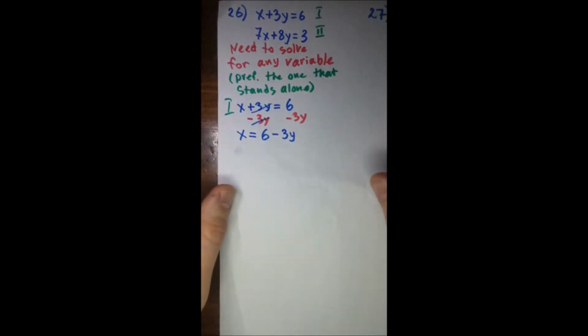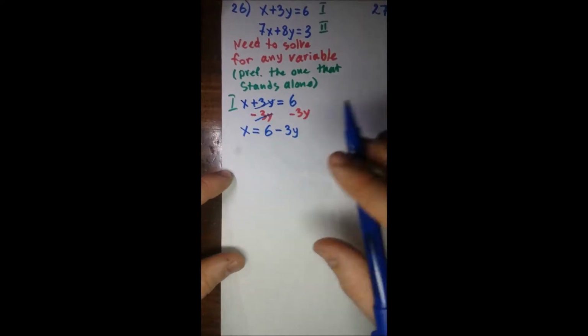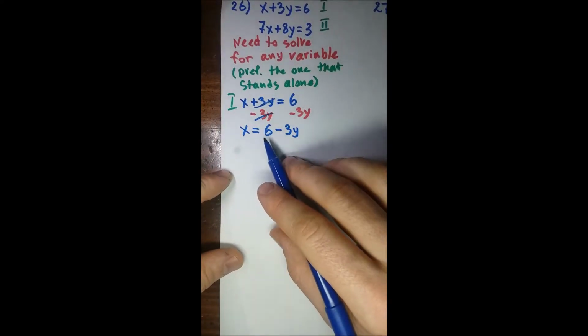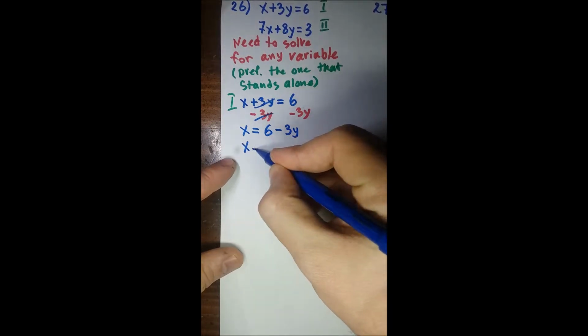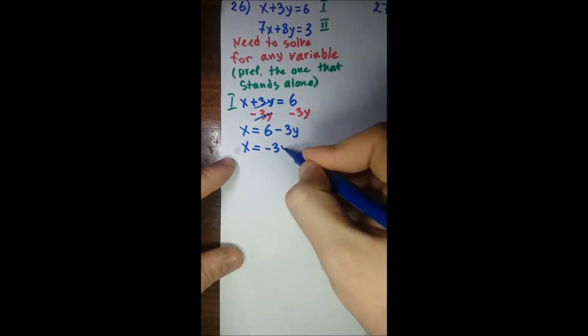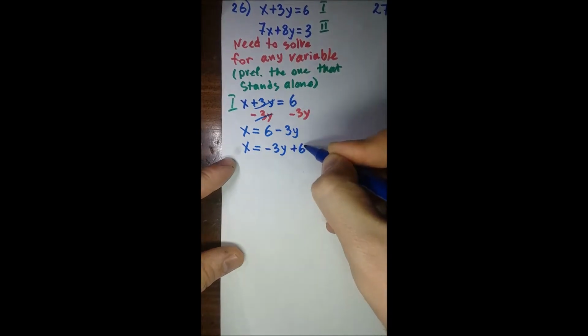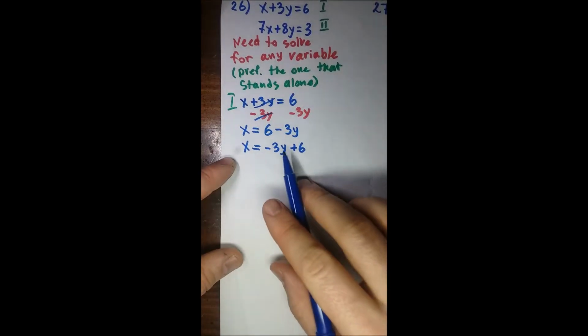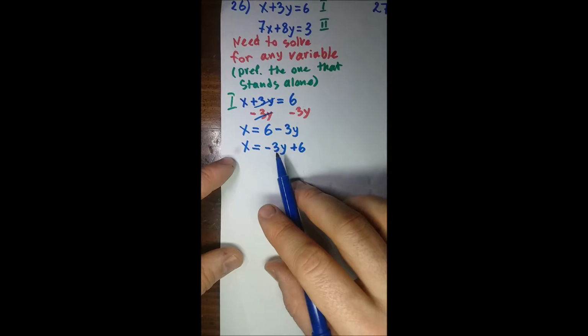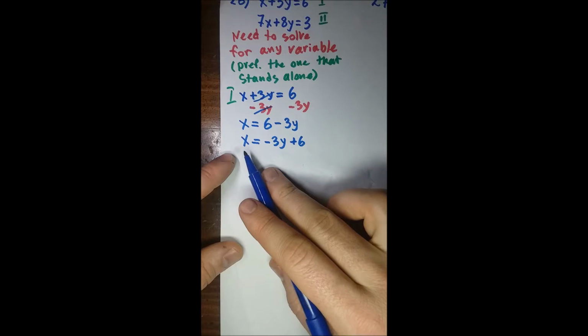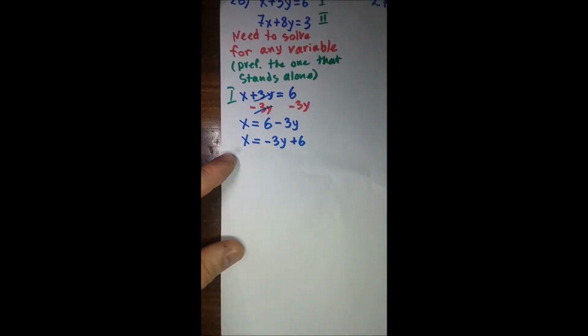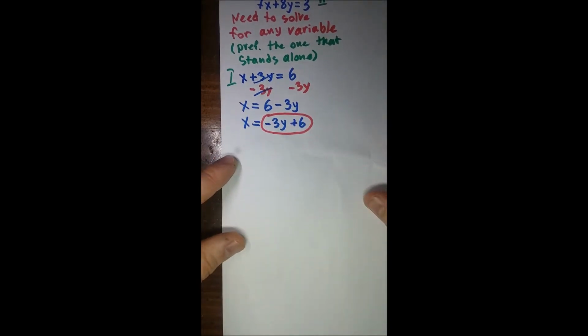From this point on, all the way till the end of your math careers, I don't want you to put the constant first. So we're going to rewrite it as x equals minus 3y plus 6. Okay, you always put the variable term first, even though this is not a mistake. Now that I have x equals minus 3y plus 6, I don't even care how this thing looks. It's going to look ugly, which is fine.